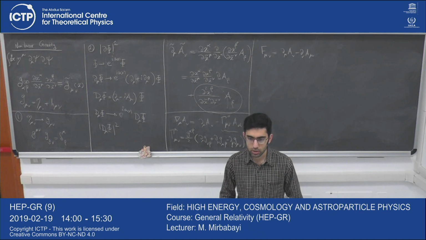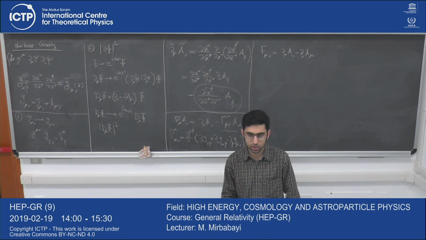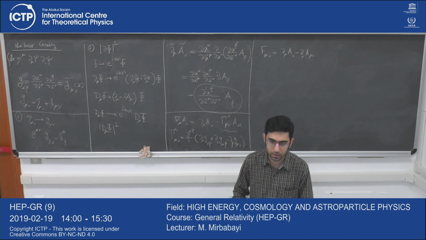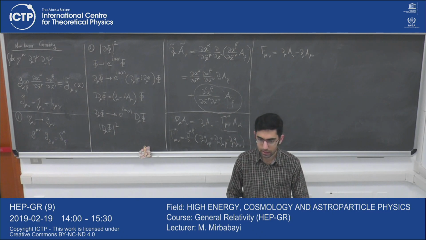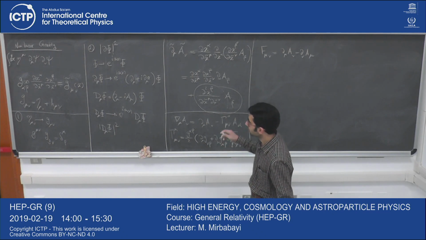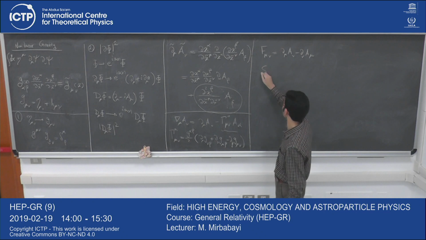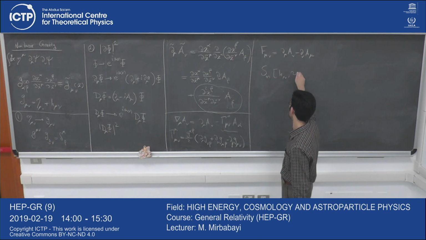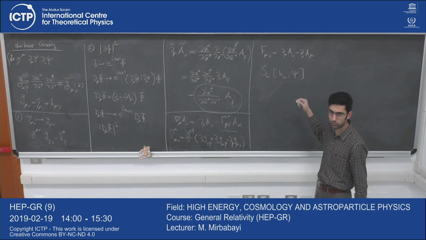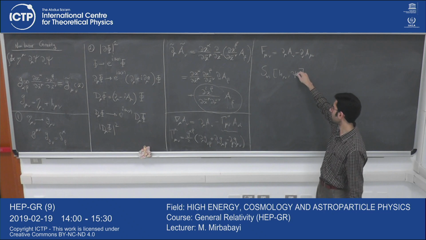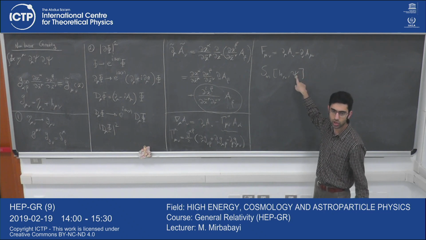So in the matter action, you could in principle imagine that you have matter fields which are vector fields, and we are trying to construct a matter action which is invariant under this diffeomorphism. Now this psi could be some general vector or tensor field.